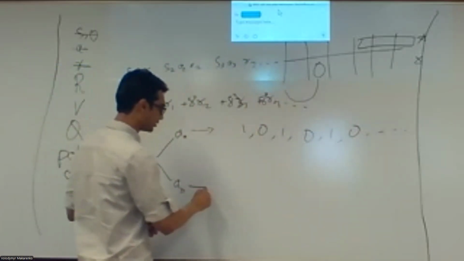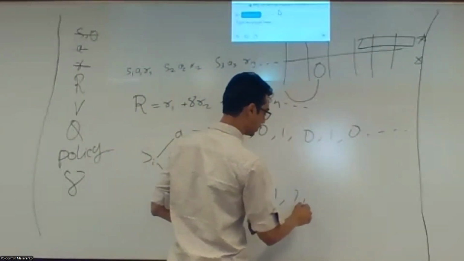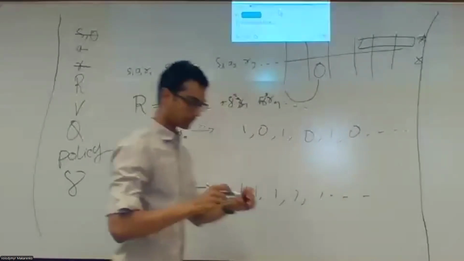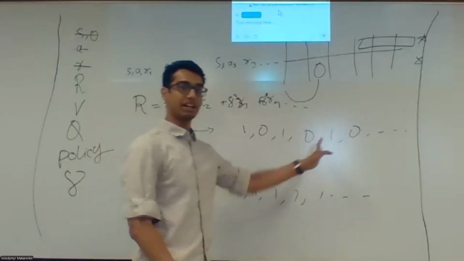And action B puts you on a trajectory where you get a reward of 1, 1, 1, 1, 1, and so on. This is your continuous action.